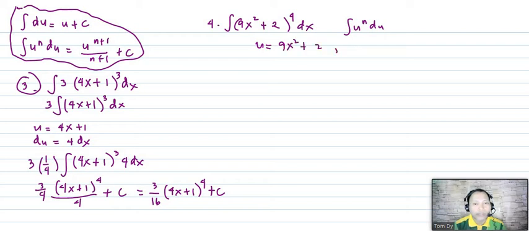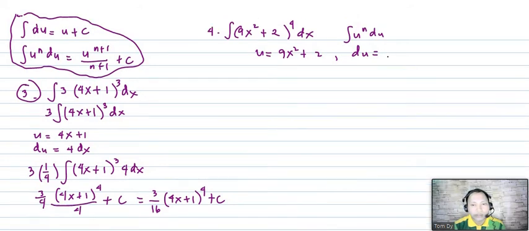And then the derivative of our u, du, equals 2 times 9, that is 18x dx. And then the derivative of 2 is 0. So we have here 18x dx.